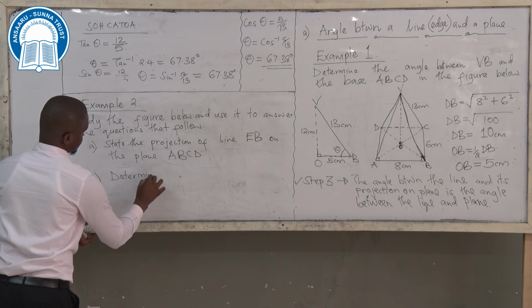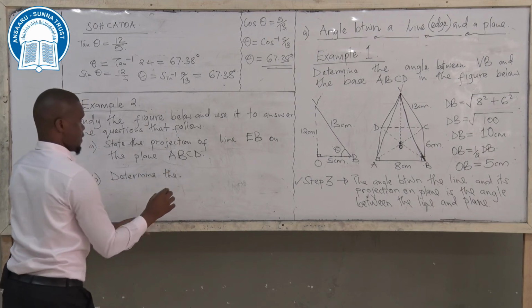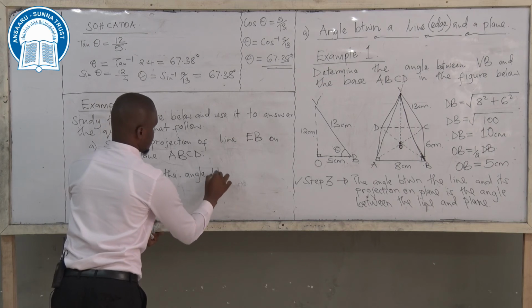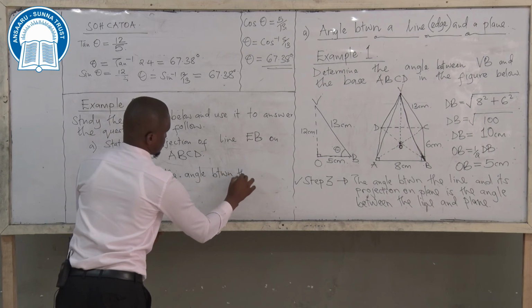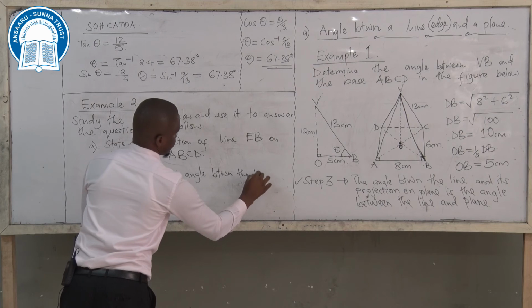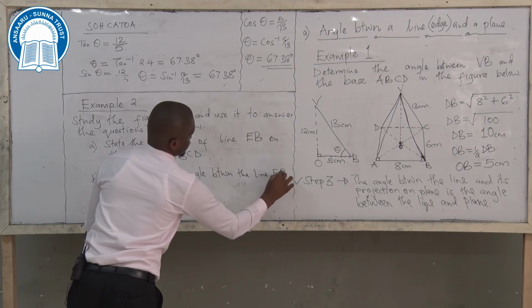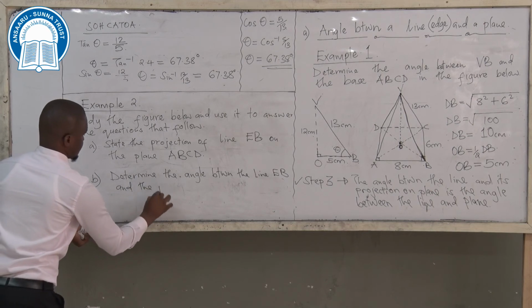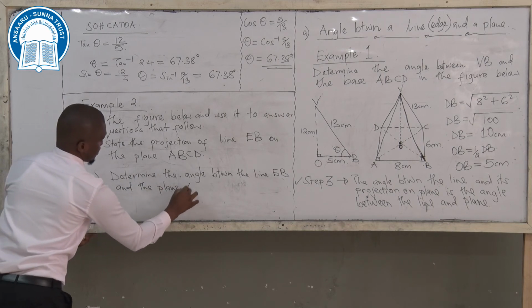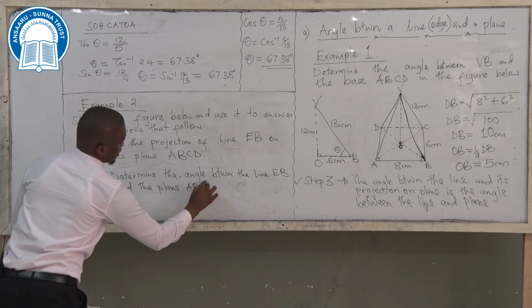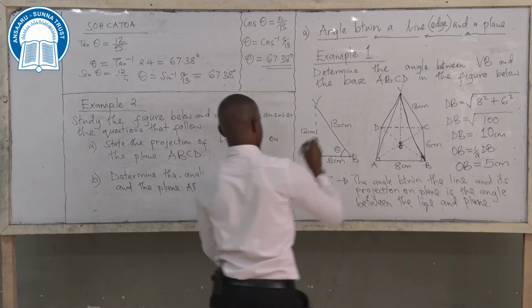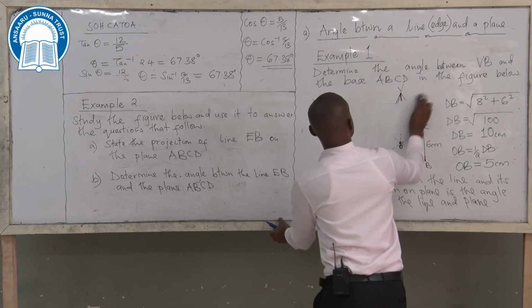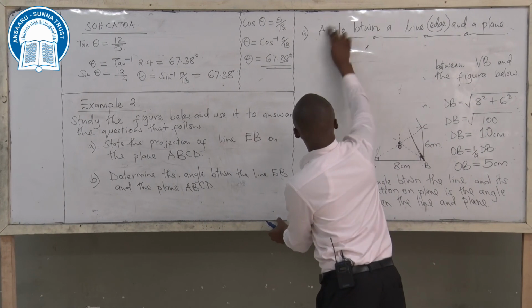the angle between the line EB and the plane ABCD. And this is the figure here.